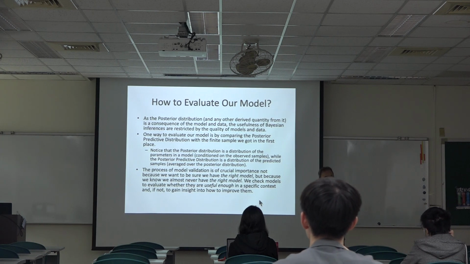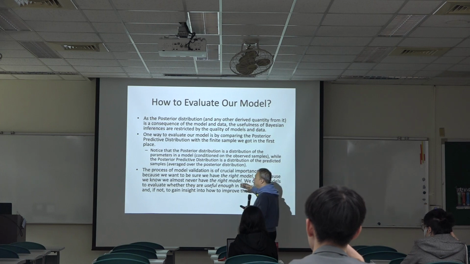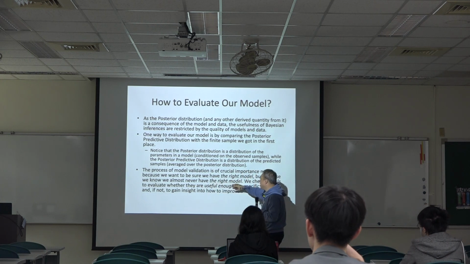Because as I already told you, the model is a simplification of a process. No model is able to capture all the considerations, all the factors that affect the result. That's why we almost never have the right model.